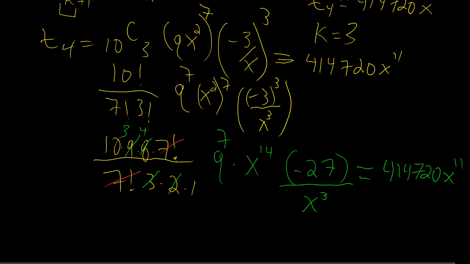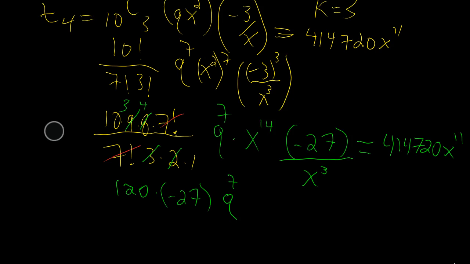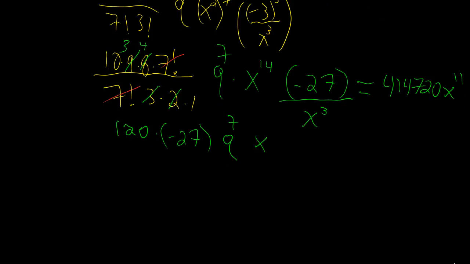Now, when you're doing all this, just put your numbers in front. So 120 is my number for the front. But what are some other numbers? I have a negative 27. Keep brackets around it so you don't get that confused with subtraction. My other number actually is q to the 7, which I guess I got to find q. And keep your exponents together. So this is x to the 14 over x to the 3, and that equals 414,720 x to the 11.